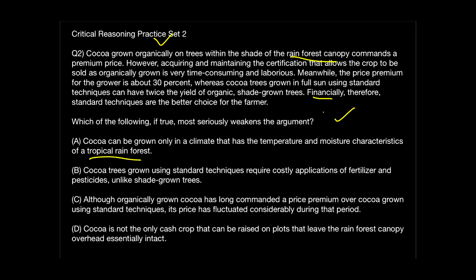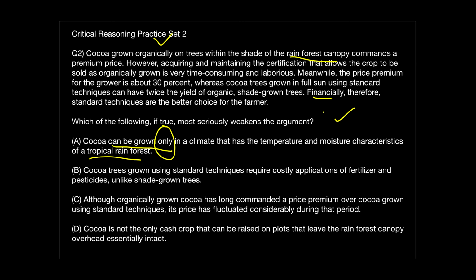But what's the problem in option A? Can anyone recognize that with me? The problem is that it is talking about cocoa that can be grown only in this climate. Extreme words like "only" are the major troublemakers. The moment you realize that something is stressfully mentioned here which was not stressfully mentioned in the passage, that's going to be a wrong answer.